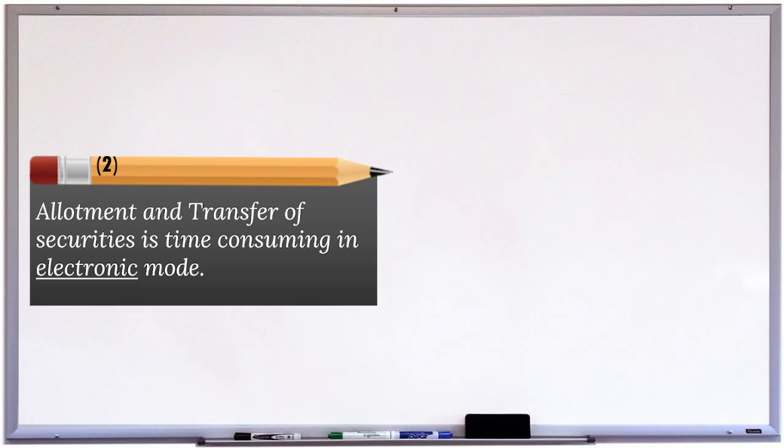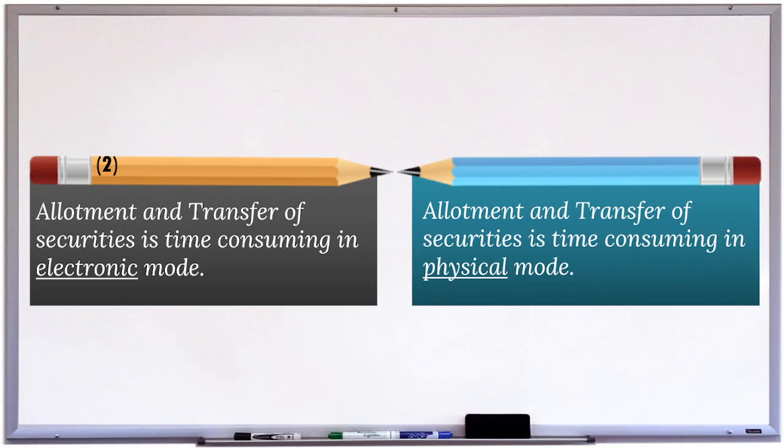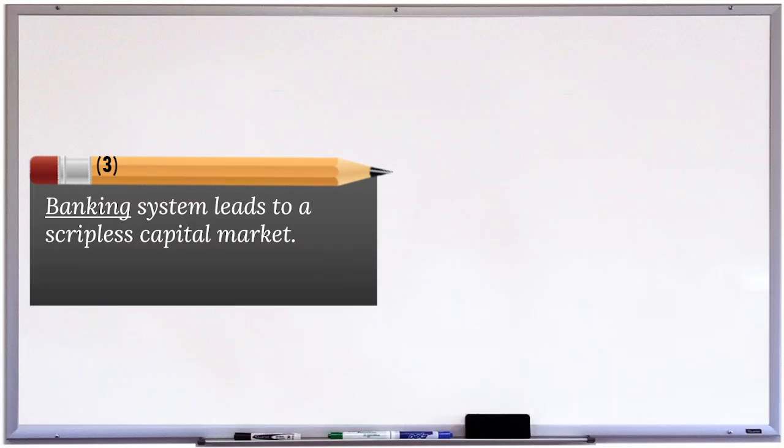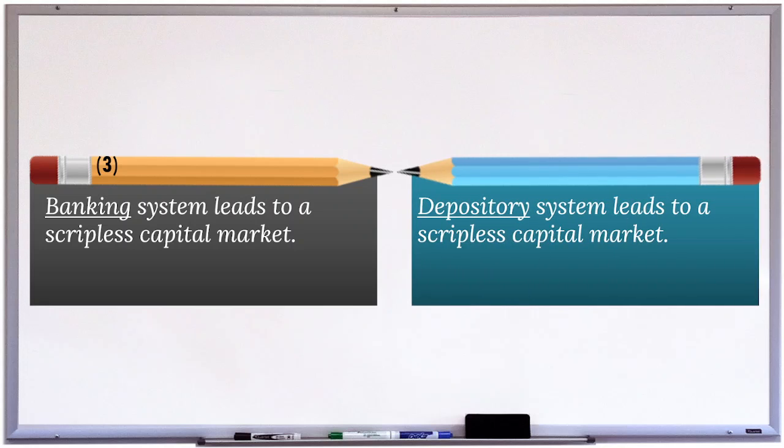Allotment and transfer of securities is time-consuming in electronic mode. Answer. Allotment and transfer of securities is time-consuming in physical mode. 3. Banking system leads to a scripless capital market. Answer. Depository system leads to a scripless capital market.